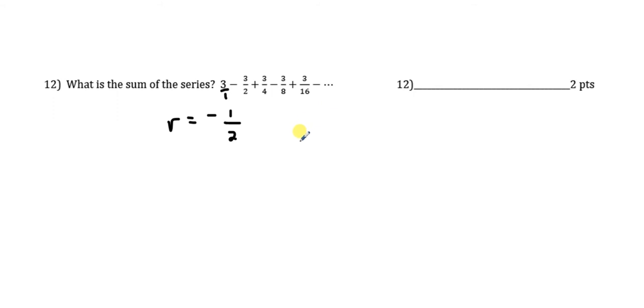One of the easier formulas, since the absolute value of R is less than 1, we're just talking about 1/2, this will actually add up to a number, and my formula is A1, which is the first term, which is 3, divided by 1 minus R, which is a negative 1/2.